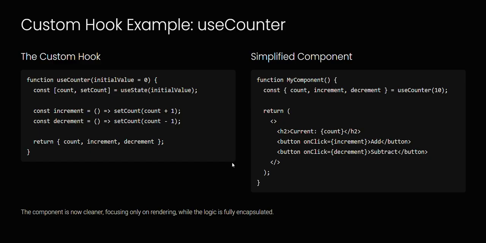The component is now incredibly simple, focusing entirely on rendering the current count and wiring up the event handlers. This is the power of abstraction in action. Let's move on to the next one.